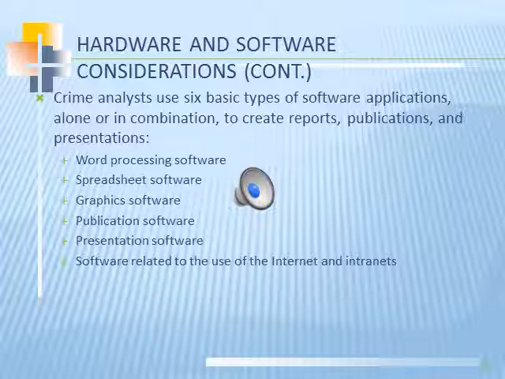Crime analysts use 6 basic types of software applications to create reports, publications, and presentations to communicate their analysis findings: word processing software, spreadsheet software, graphic software, publication software, presentation software, and software related to use of the Internet and intranets.